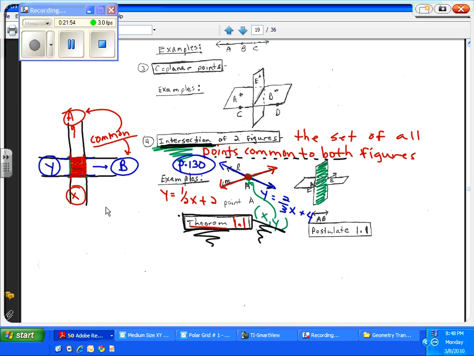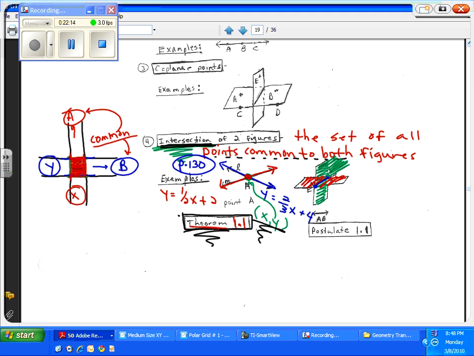Now, if we think about two planes, this vertical plane intersecting this horizontal plane, what they actually had in common was that little segment across there.